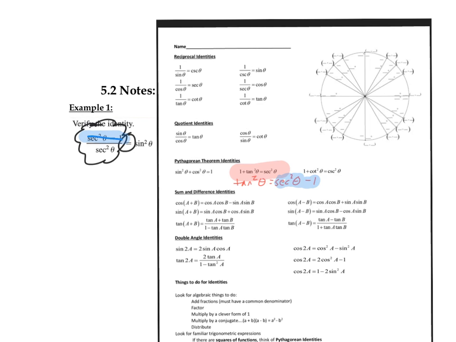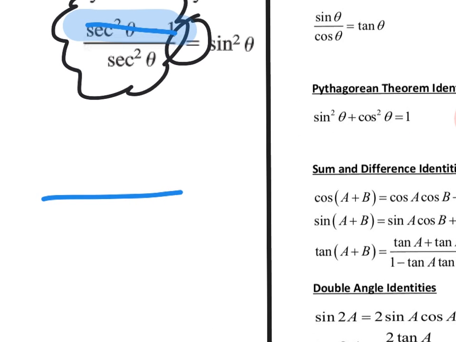So let's start writing. My first step on this side is I know that I can replace that entire numerator with tan squared theta, and then let's just go ahead and rewrite our denominator. Now from that, what we can do is convert everything to sine and cosine, because that's where we want to go when we're done.